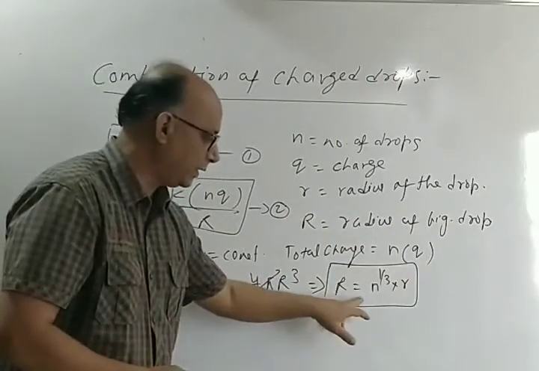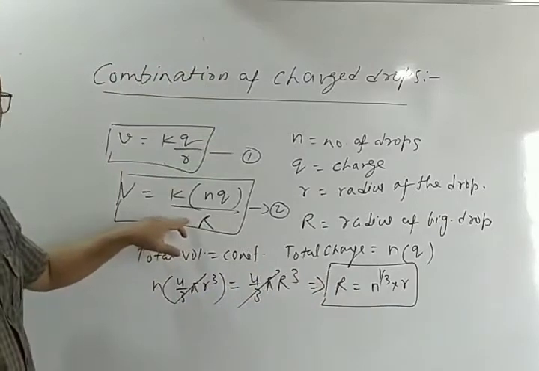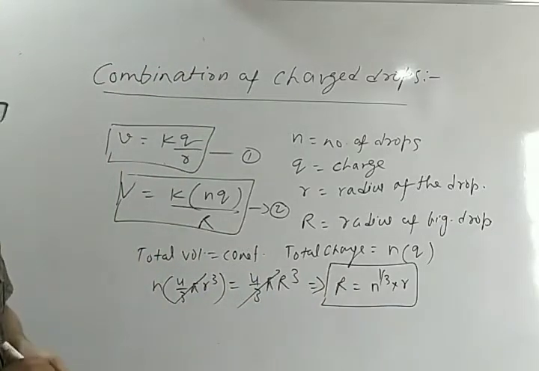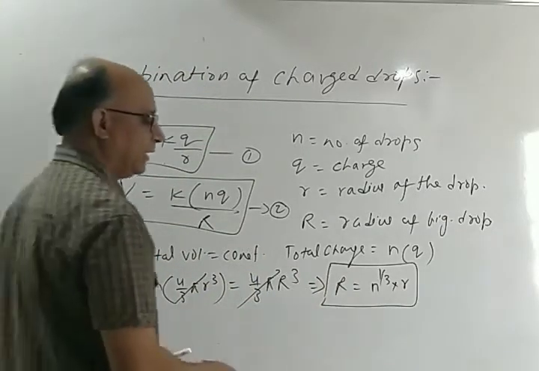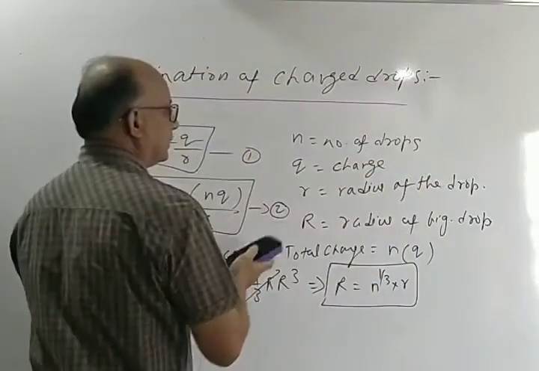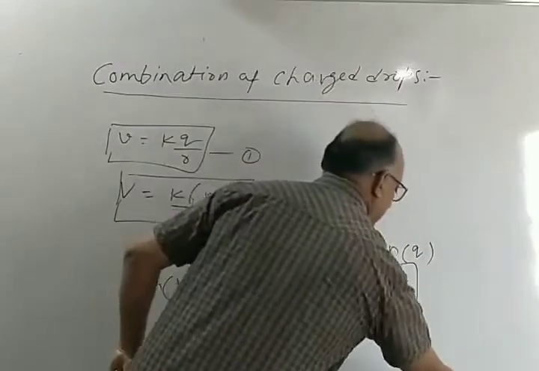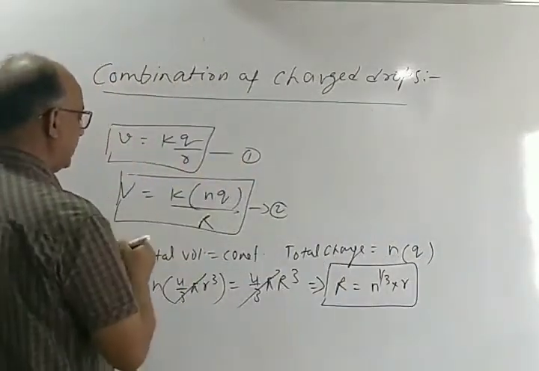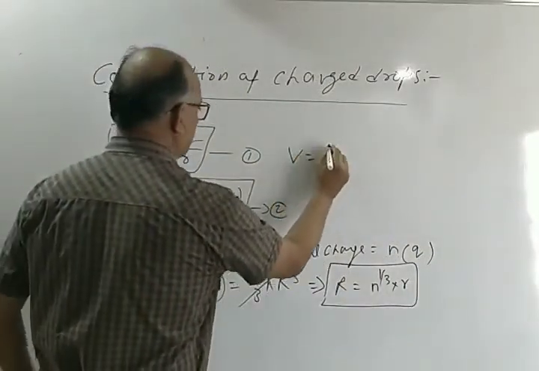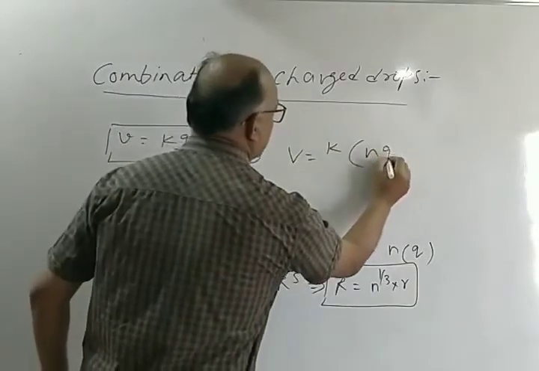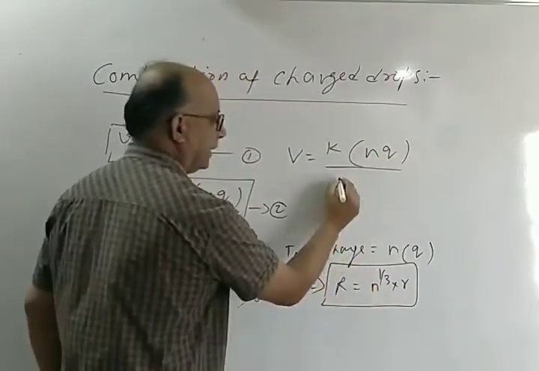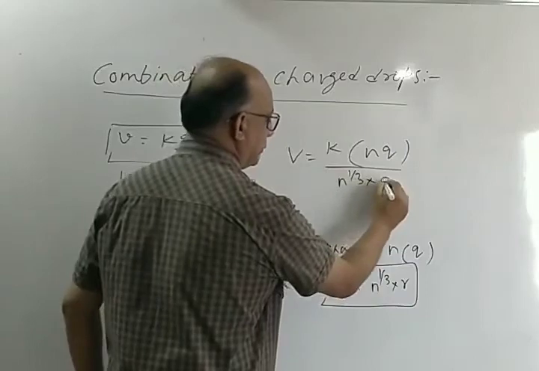So this will be the radius of the bigger drop. Now replace this value of radius in this expression, you will get the electric potential. It's very simple. So what will be the electric potential now? In this case, I am just replacing this capital R here. Capital V is equal to k n q upon n to the power 1 by 3 into r.